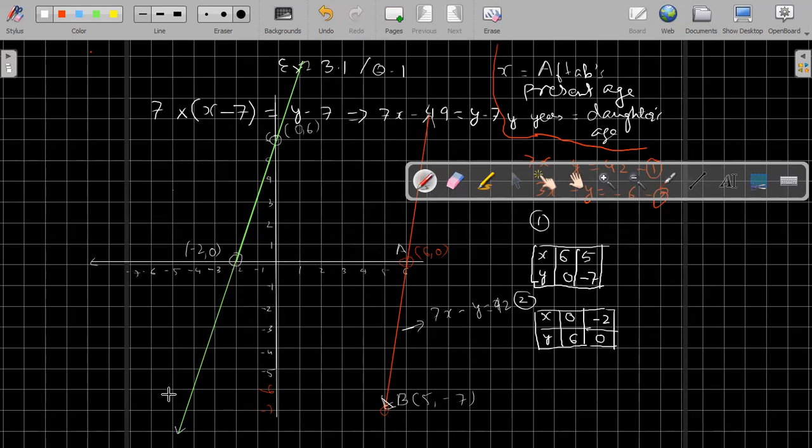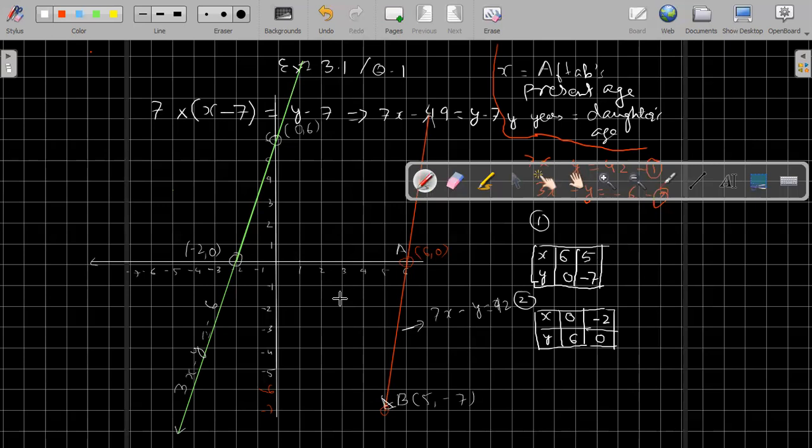Better to write on the line like this, 3x minus y is equal to minus 6. So like this you can write the equations on the line.